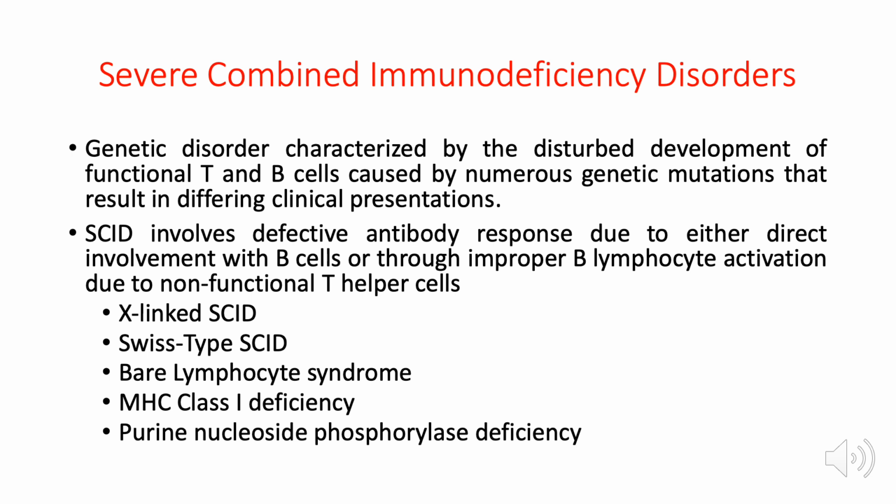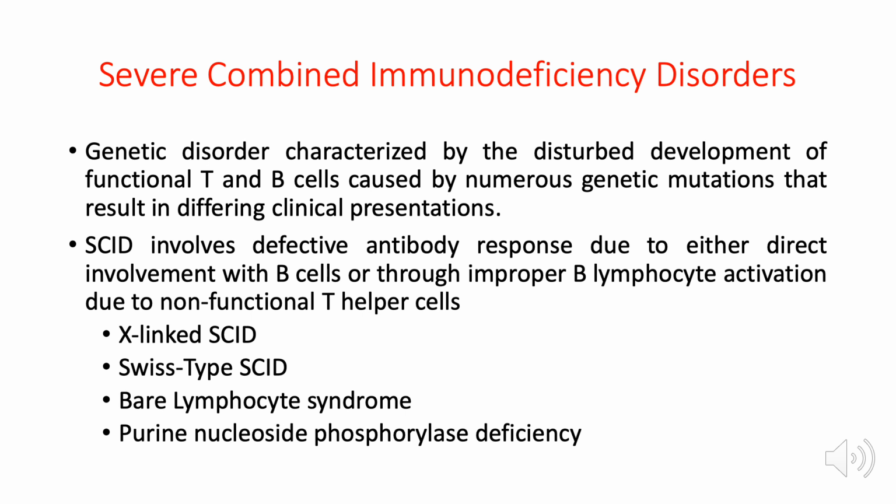Or maybe in the disorder, B cells are produced, it's just that they are not activated because the T cells are non-functional. If T cells are non-functional, it would follow that the B cells will not be activated by the T helper cells to form the plasma cells, and the plasma cells will not be there to produce the antibodies.